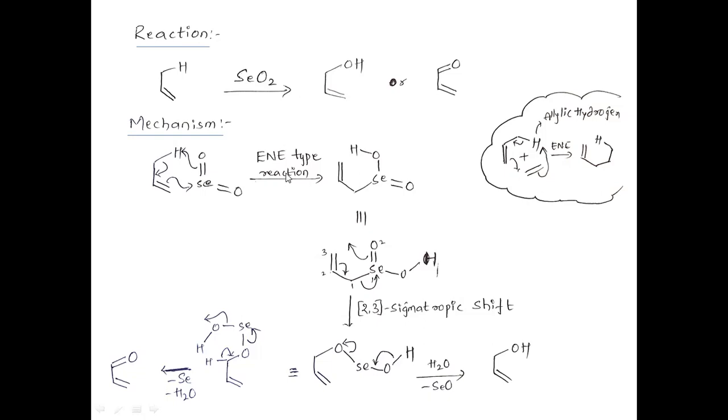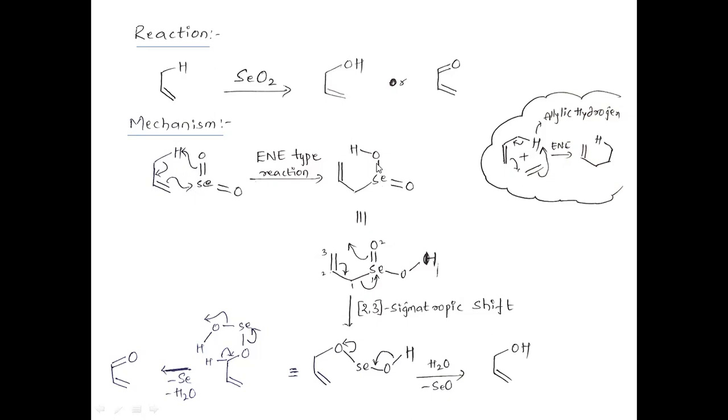So that ene type of reaction is taking place between selenium dioxide and the alkene which we are taking in this case. Here this allylic hydrogen is transferred onto the oxygen, so you get an oxygen-hydrogen bond. Now this bond pair of electrons is shifted over, and this bond pair of electrons is shifted onto the selenium. Thereby, you can see a new sigma bond is formed between this carbon and selenium.